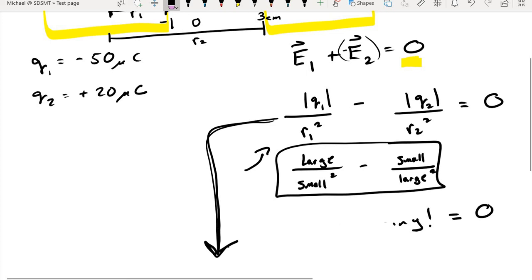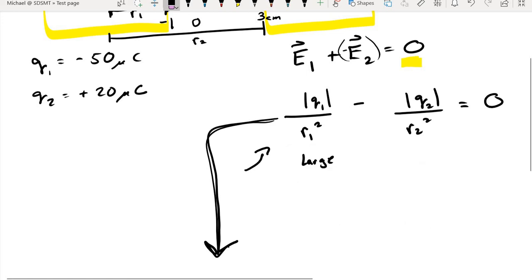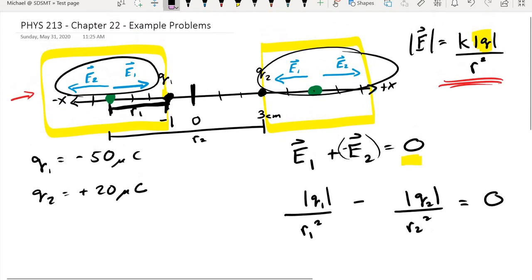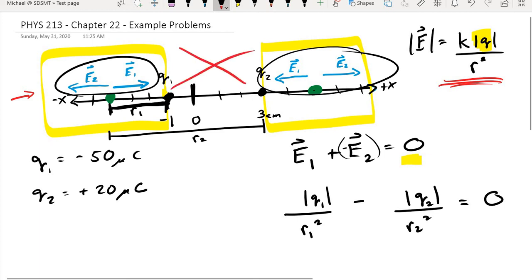We got an answer that does not exist. But just using those concepts with the math and with the physics shows us that not only are we going to be able to skip everything in between the charges in terms of searching for a solution, but nothing to the left of charge 1 is going to work either.